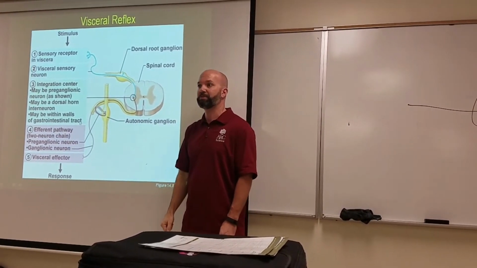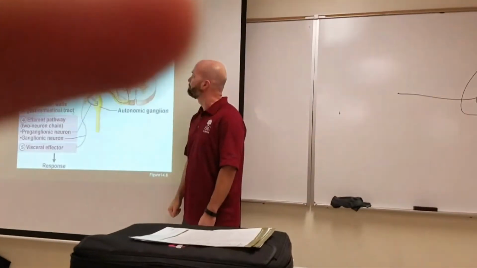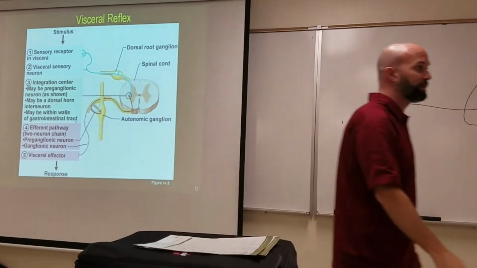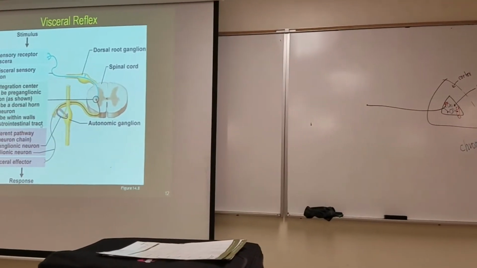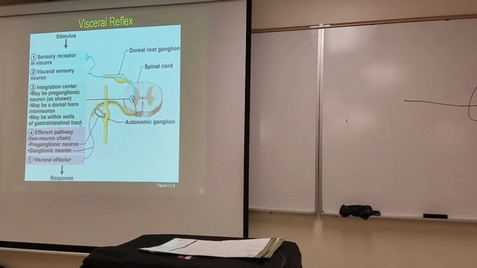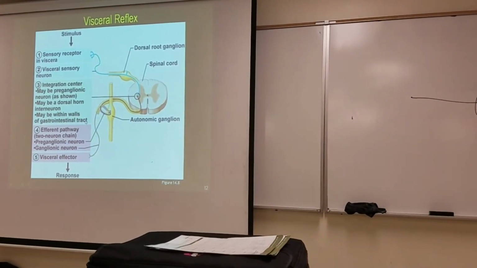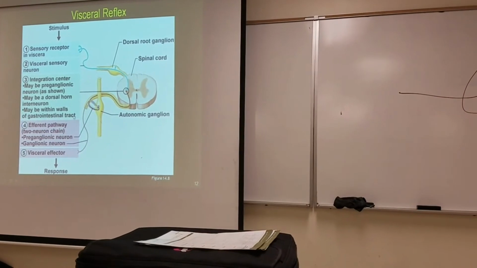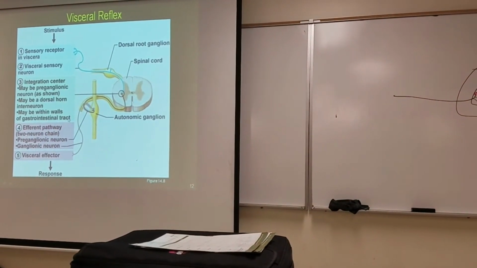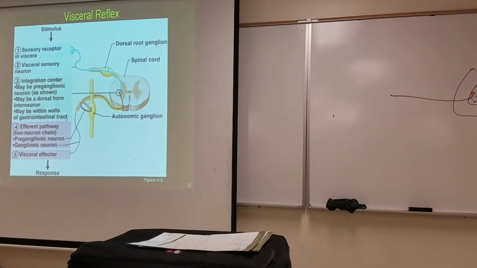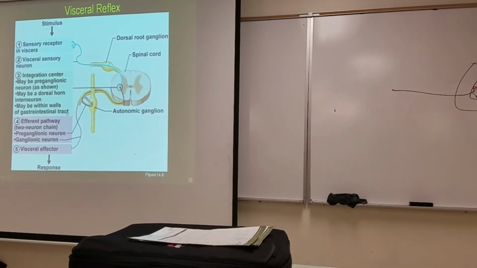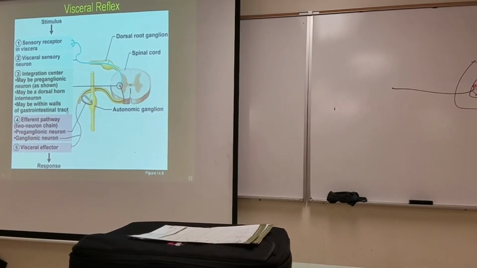Primarily interoceptors. Now, it is possible for a somatic sensory input to result in a visceral reflex. It's possible for visceral sensory input to result in a somatic reflex. And that's why I use the term usually or mostly, but not always.